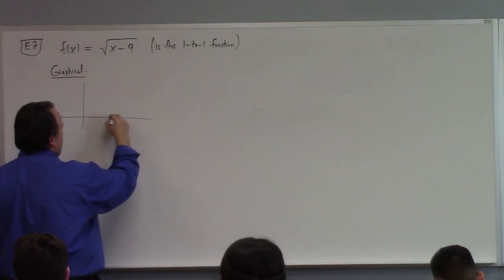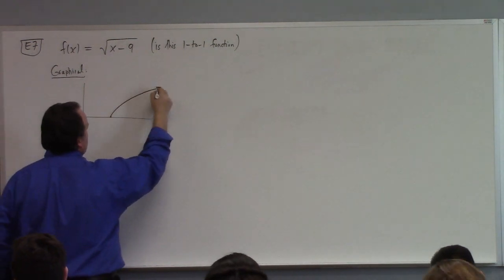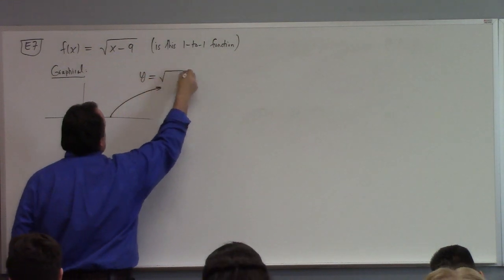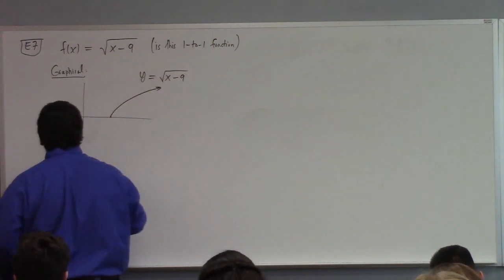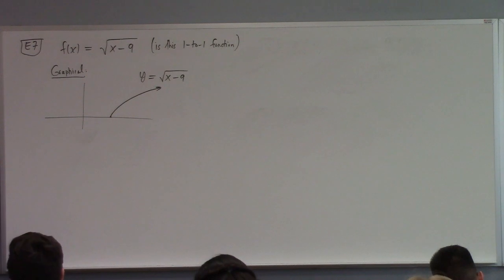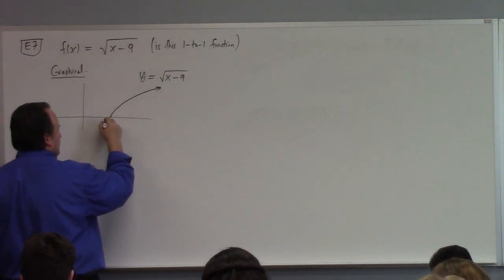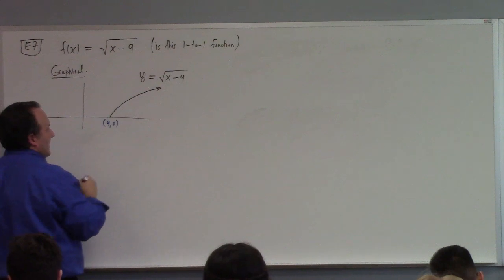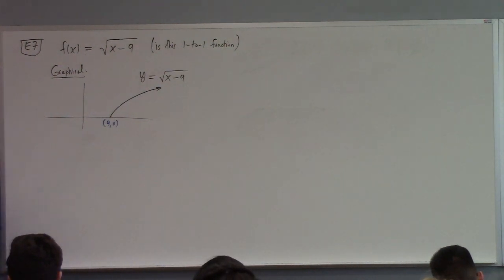Well, it starts at 3. It's like half of a parabola, like this. So there is a graph of this, yeah? So what it is, the square root function shifted, I said 3, I should have said 9, right? It shifted 9 units to the right, like this point right here is (9, 0), right? But anyway, there's the graph. Does this pass the horizontal line test?